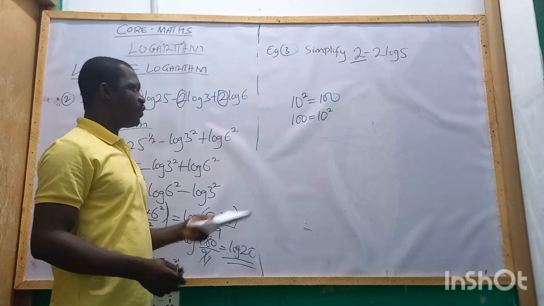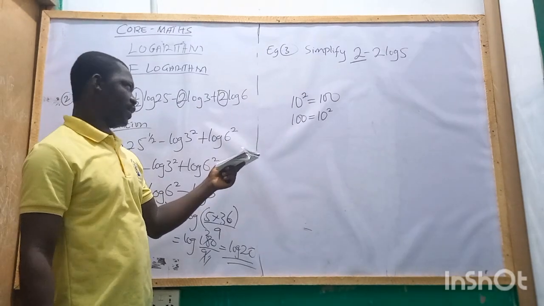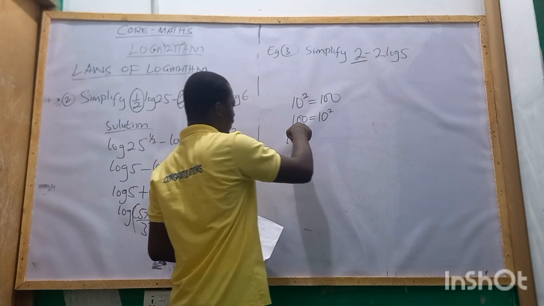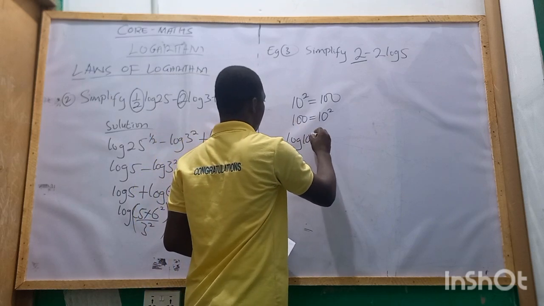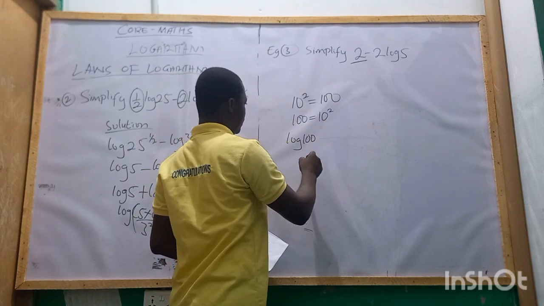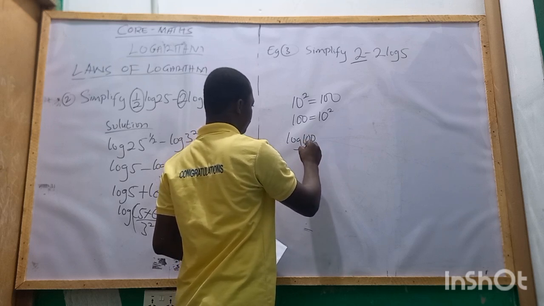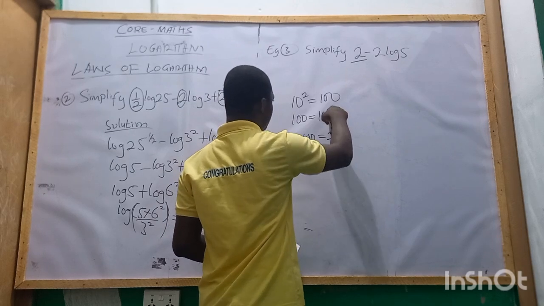So to write this thing in logarithm, right? So I'll bring log. I write the number on the left hand side in front of the log. The base is what? 10. Is equal to what? 2. This 2 over here.